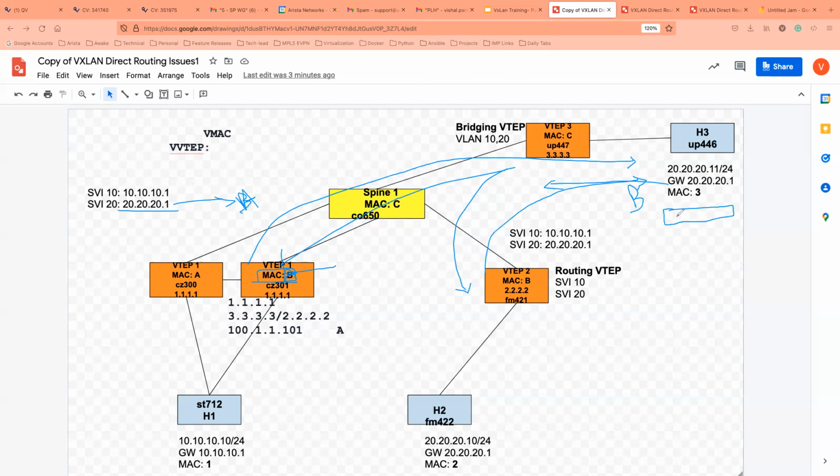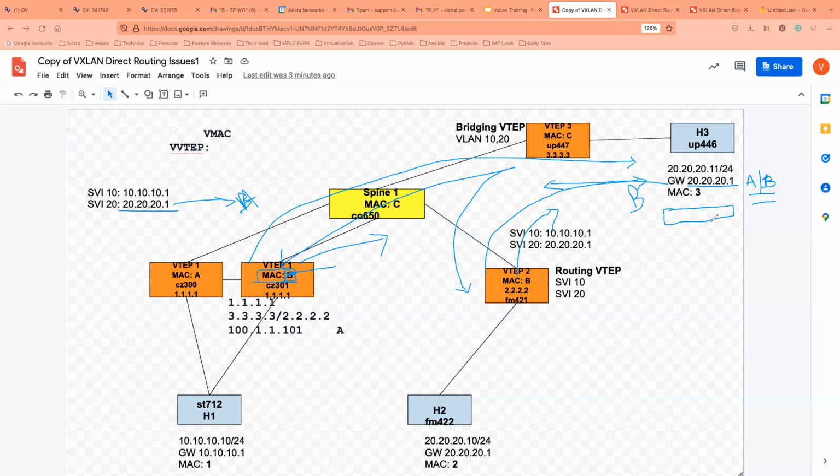It will keep on flapping. For the gateway IP, initially it was learned through MAC A, meaning ARP was resolved to A, and then it will be B. And in case of VARP configuration, we will have gratuitous ARP continuously generated by all the VTEPs, SVIs. So basically it will keep on flapping.